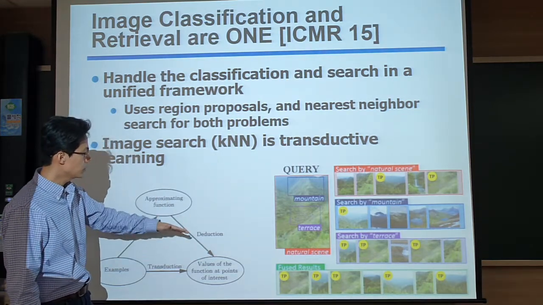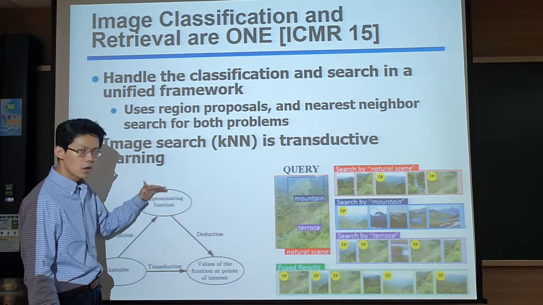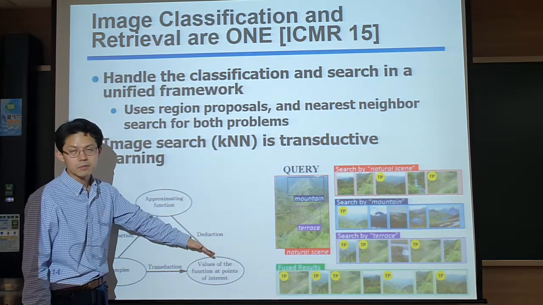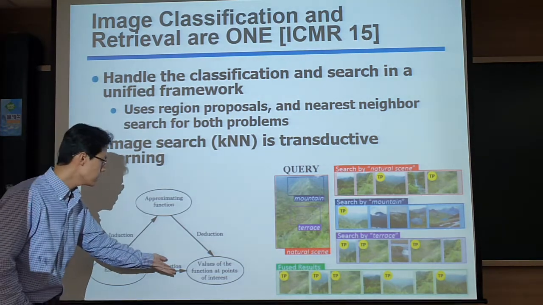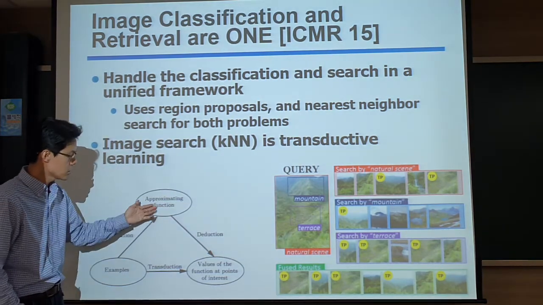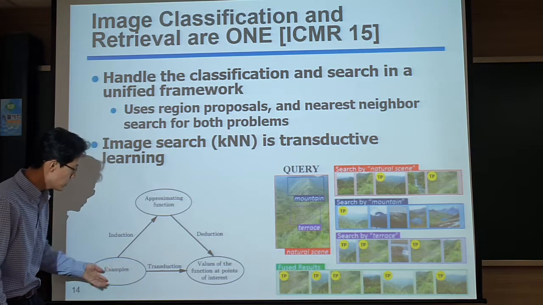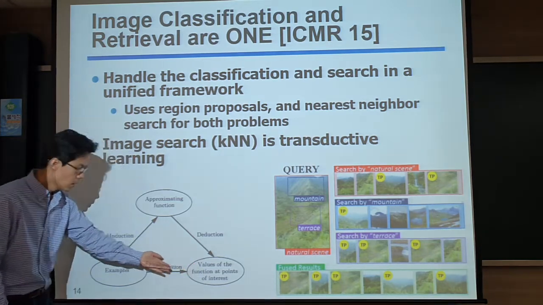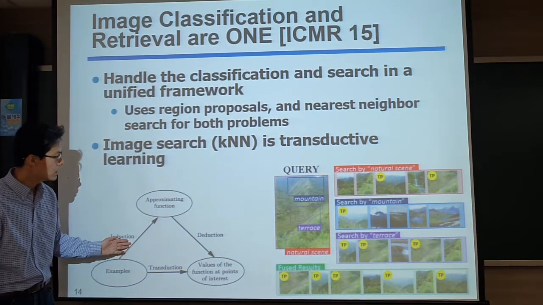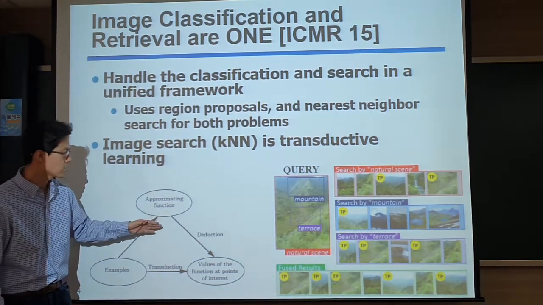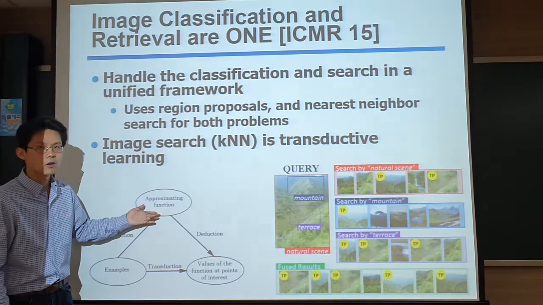In other words, deduction is that from the general rule, we can talk about some specific idea, right? And then transduction is that we don't do this kind of generalization. We reach this region from the examples without going through this approximation function, which is nothing but generalization.